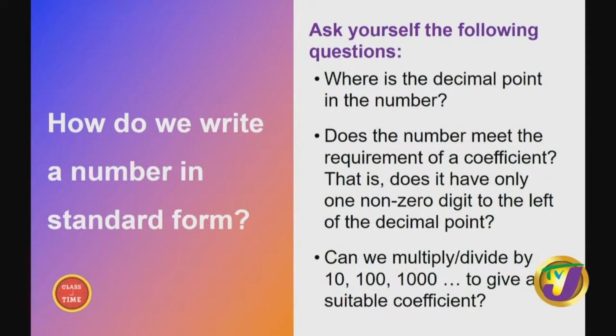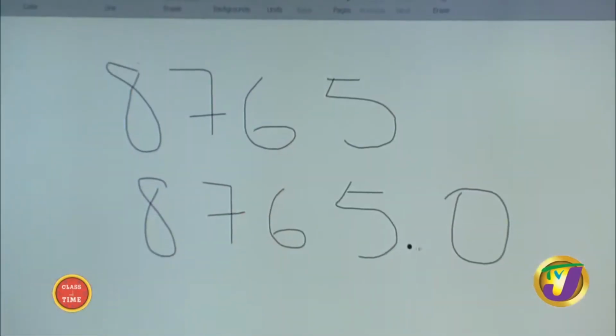The coefficient must be equal to 1 or greater, but less than 10. And this is 8,765, which is way bigger than 10. So what can we do now?